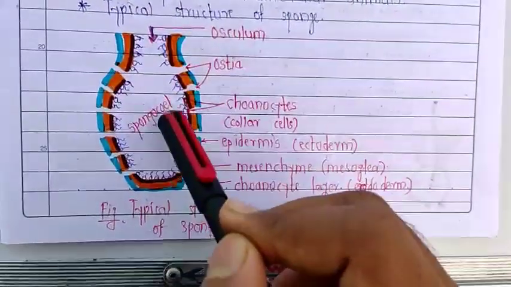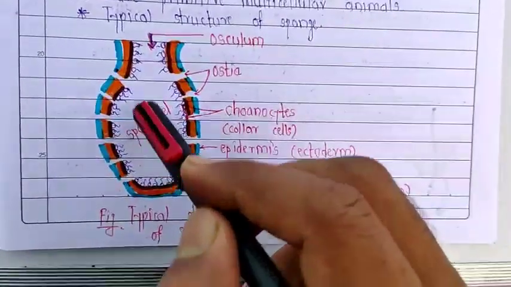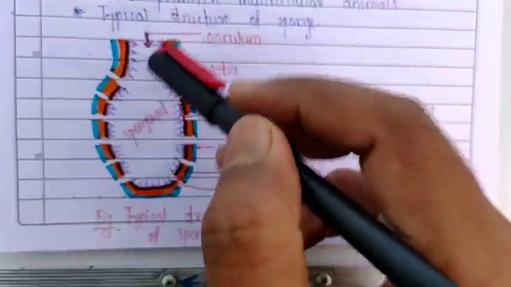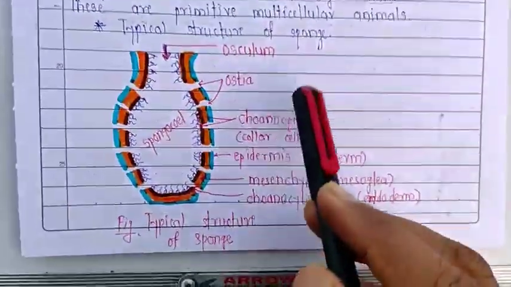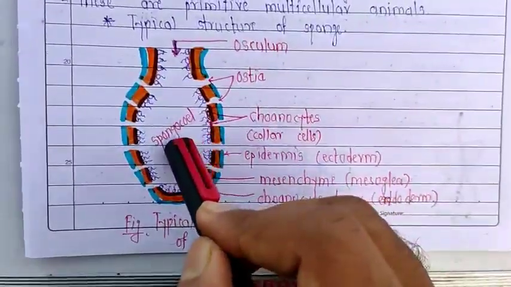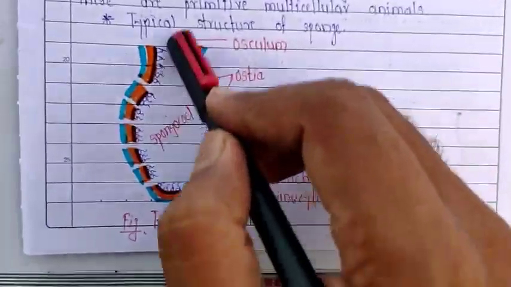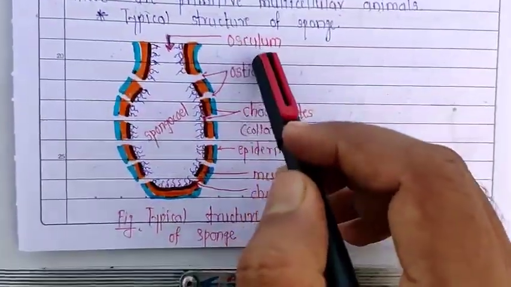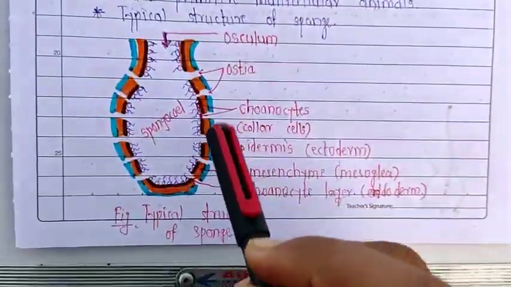This body cavity is known as spongocoel. From the spongocoel, water is expelled out through the osculum. So water comes inside the body of the sponge through the ostium into the spongocoel and then leaves the spongocoel through the osculum.